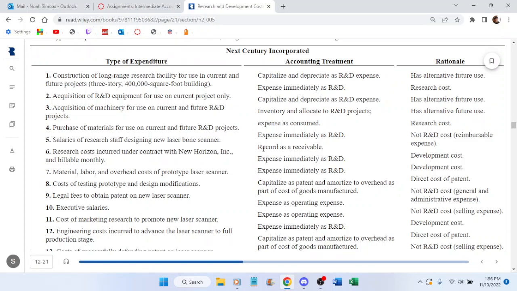So this is 6. I don't get how that's a receivable. That makes no sense to me. How is that a receivable? This makes no sense. You know what? I don't care anymore.